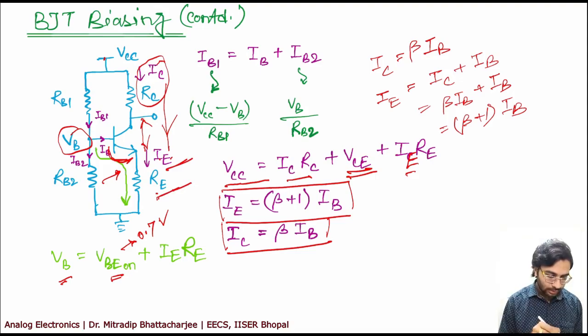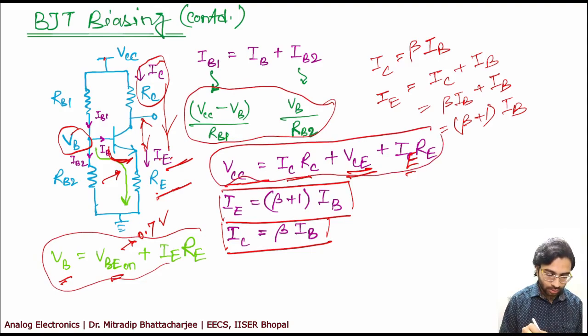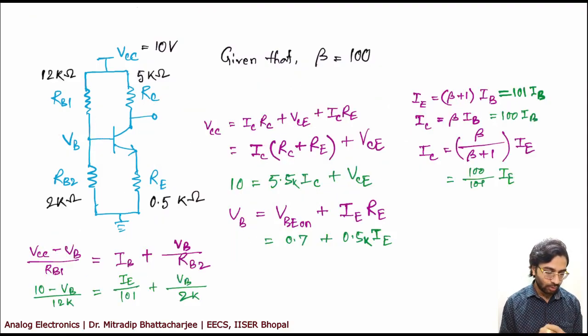So these are the equations that you can consider in order to solve any problem. For example, here I have given one problem wherein RB1, RB2, RC, RE everything is given.